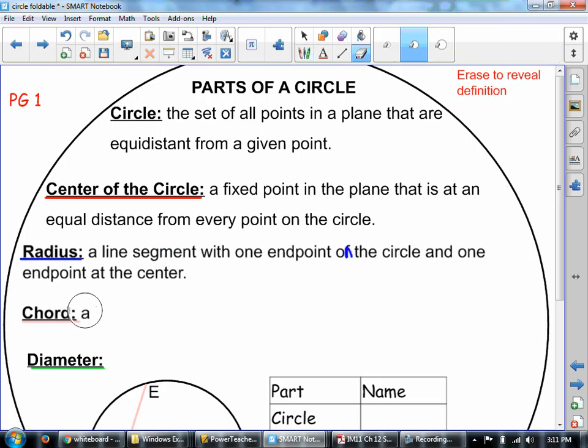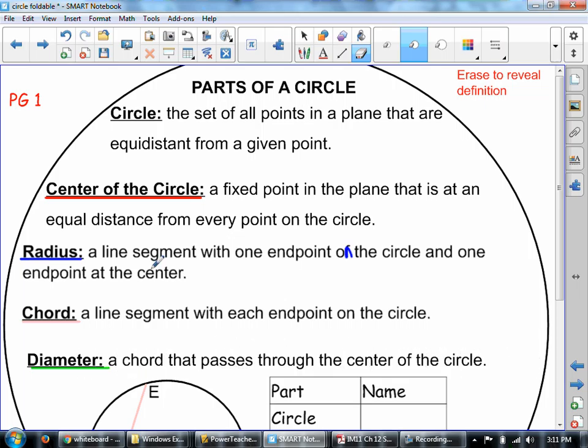A chord. A chord is a line segment with each endpoint on the circle. And last, a diameter is a chord that passes through the center of the circle.